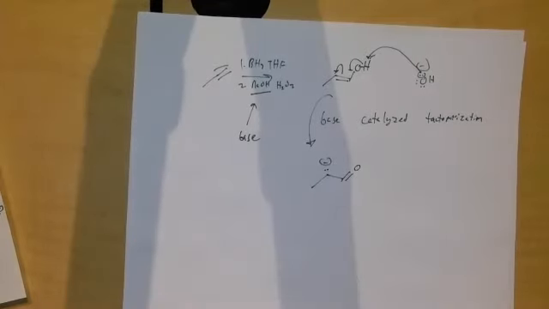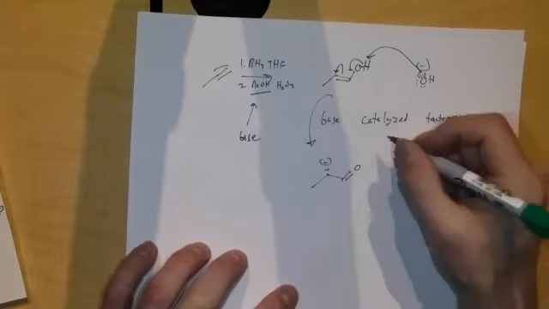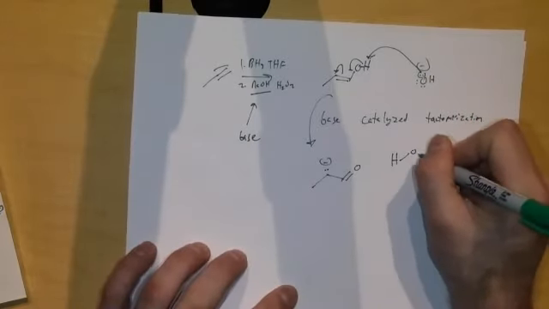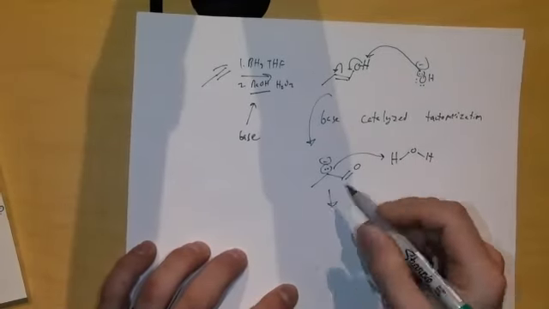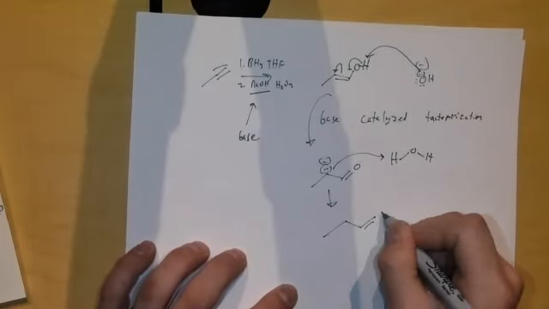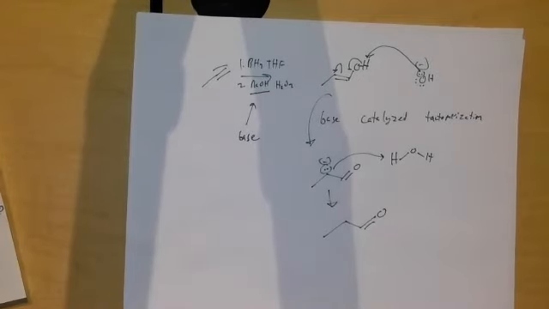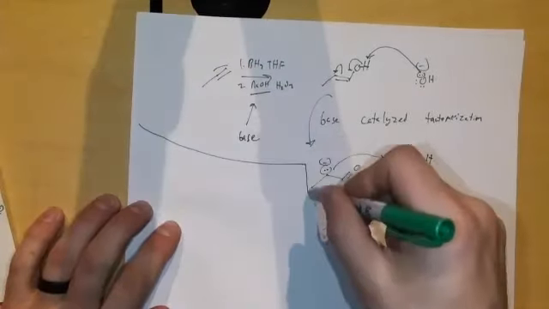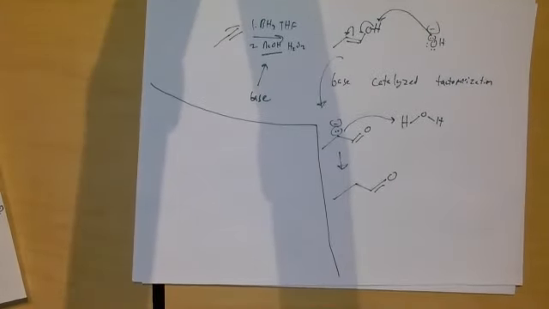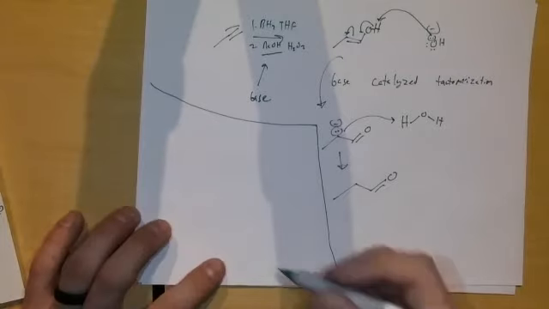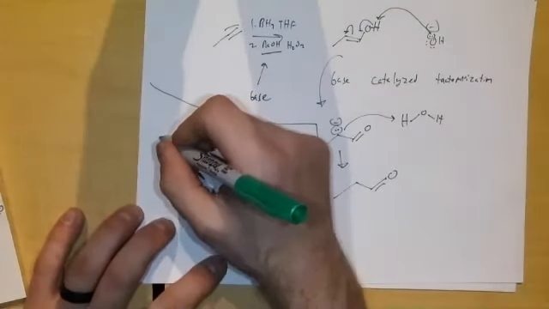Generate our aldehyde with a negative charge. It can then pick up that exact same proton and get us our aldehyde product. So all of these reactions are pretty similar to what you see in chapter 8.